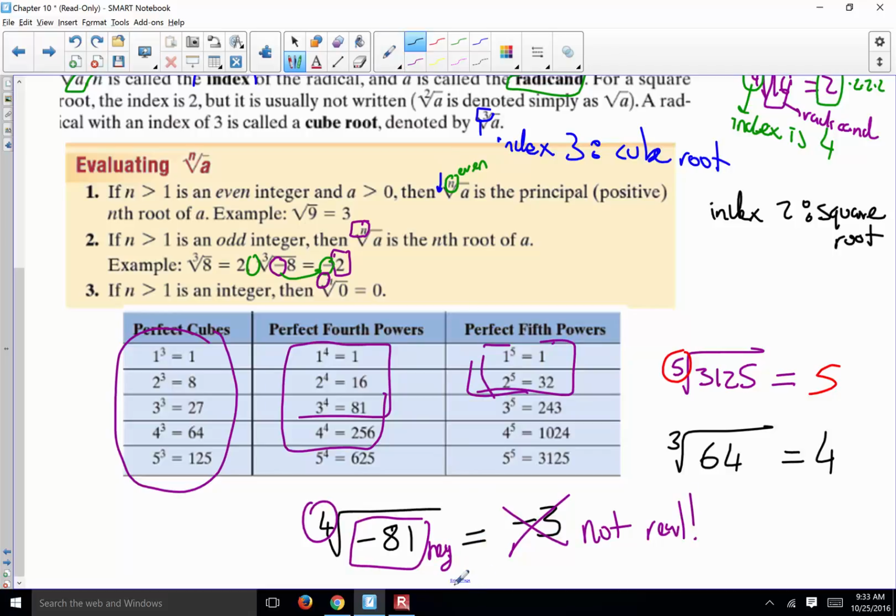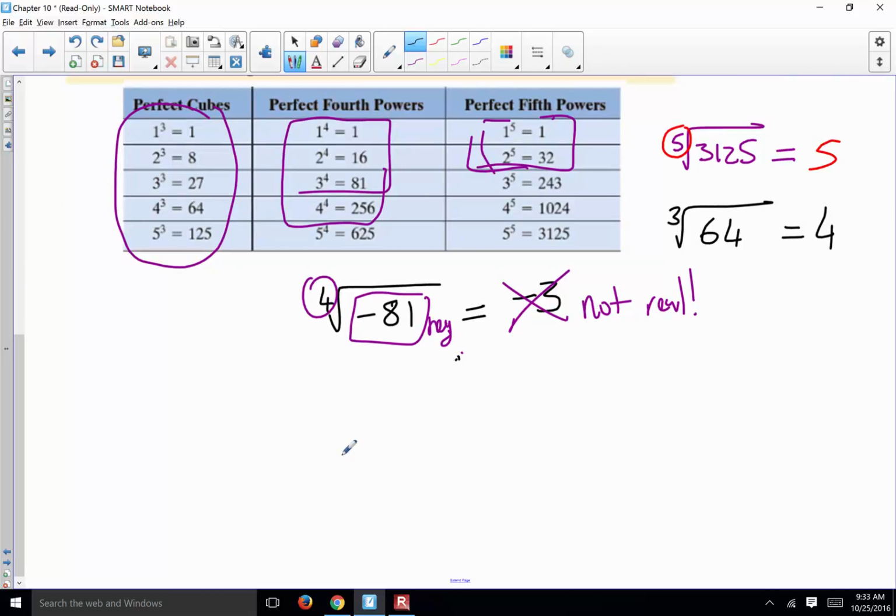Okay, let's play another one. How about now? What number multiplies itself 5 times to give 243? Pick a number from the table that multiplies itself 5 times and you get 243. Find 243 on the table.